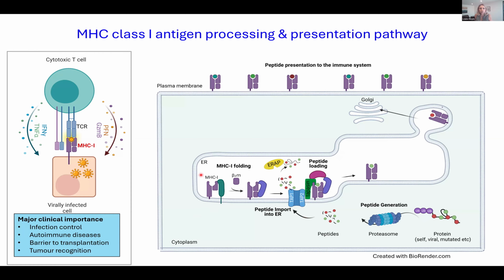The class 1 molecules are known to fold with the help of chaperones such as calnexin, calreticulin, and ERp57. Once the MHC class 1 molecule has bound to beta-2 microglobulin, it's in a peptide receptive conformation and can be incorporated into the peptide loading complex.